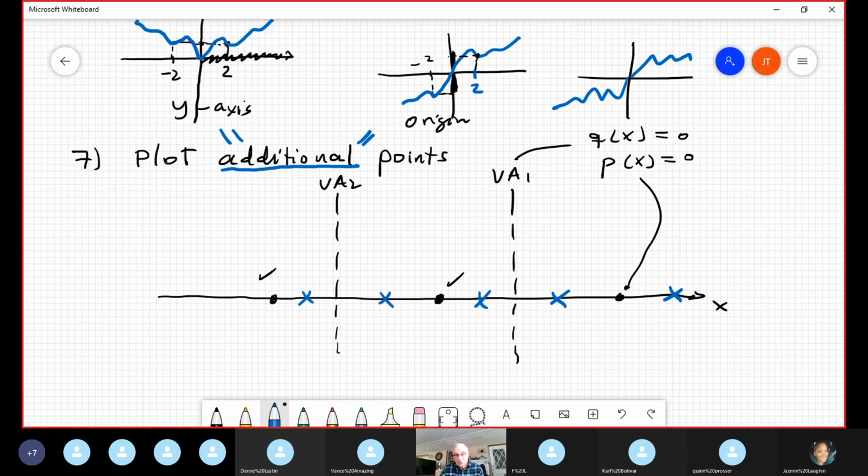You select another point, and you select another point. 1, 2, 3, 4, 5, 6 points. In this case, not only 6, depending on how many vertical asymptotes you have, how many intercepts you have, but at least this is the minimum requirement to select the additional points. And it's easy, you select totally arbitrary inside the interval and plug it into the original function using the calculator and get the value. Clear?